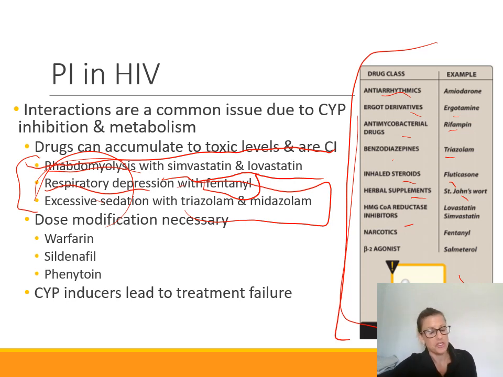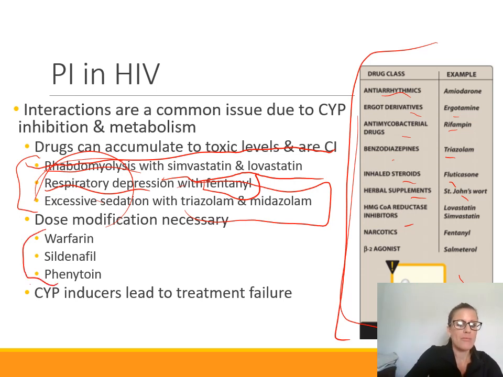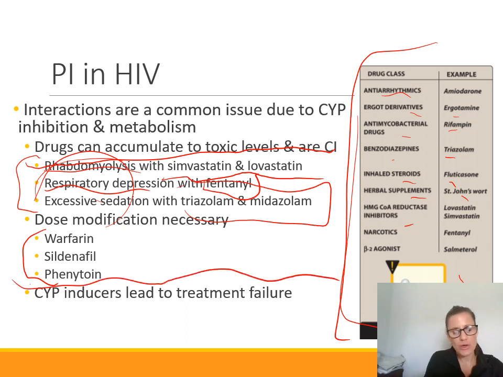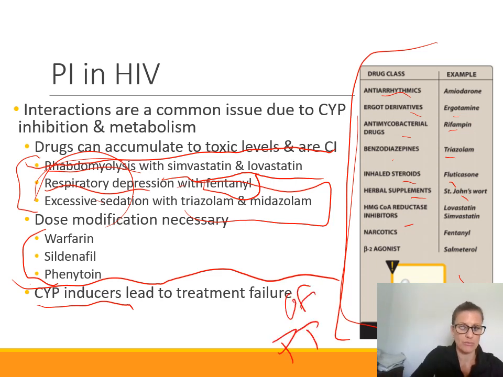Now, dose modification of other agents might be necessary. So things like warfarin, phenytoin, sildenafil, these aren't completely contraindicated, but the dose will need to be changed if they're given with a protease inhibitor. Now, because the protease inhibitors are metabolized by CYP enzymes, if you give them with CYP inducers, that can lead to treatment failure of the protease inhibitor.